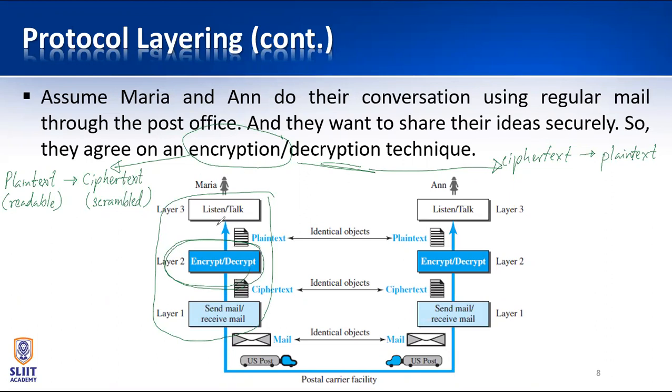Let's say that we are using a robot to do all of these activities. The robot is listening to our message, converting the message into an encrypted message or ciphertext, and recording it. The scrambled message can be recorded onto a CD or something like that, and it makes the package and sends it to the postman.